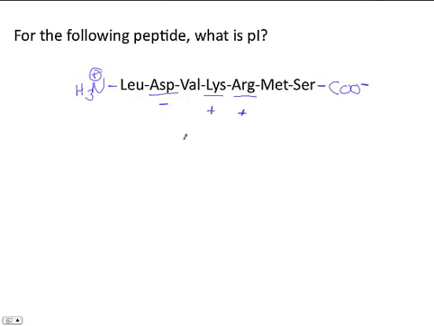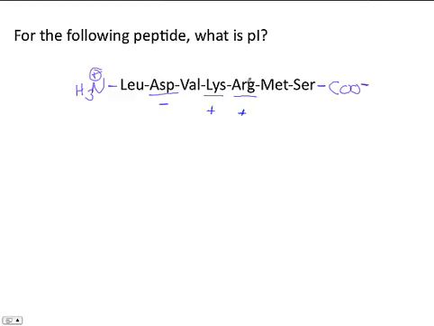So the extreme negative charge, well, our two negative charges are aspartic acid, pK of about 3.8, and the carboxylate of the serine, which is down around 2. So the serine carboxyl is going to be the extreme for the negative charge. The extreme for the positive charge, well, arginine has the highest pK at about 12.5.